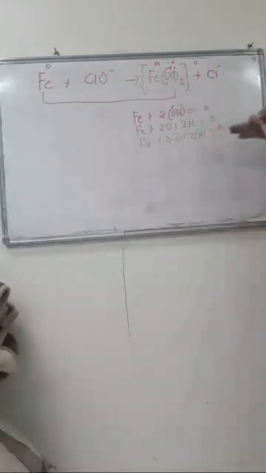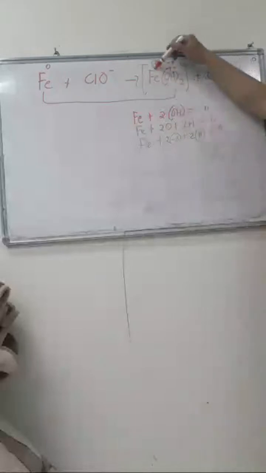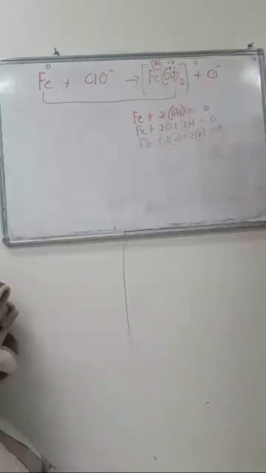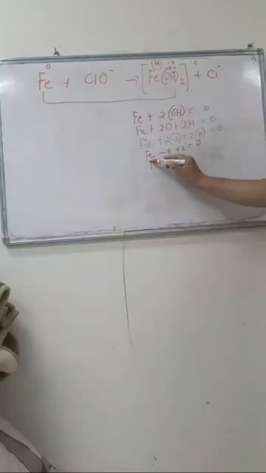Let's prove if it's equal to 2, as in my first analysis during the trial and error method. So iron plus 2 times negative 2, negative 4, plus 2 times 1, positive 2. Then Fe plus negative 4 plus 2, negative 2, is equal to 0. Iron transposed will become 2.